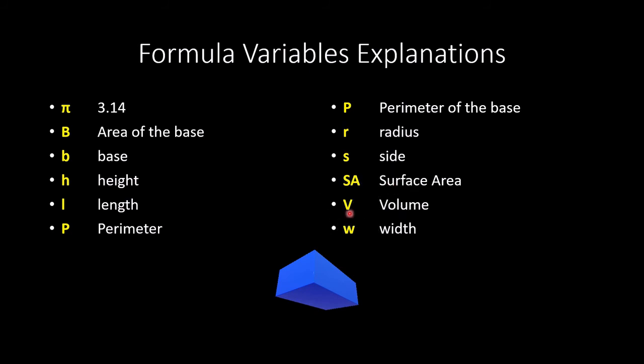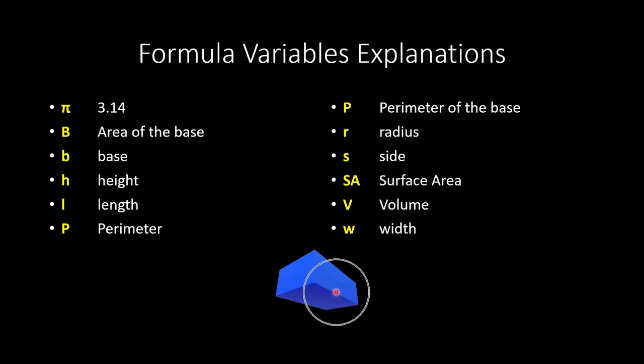Uppercase V stands for volume, and lowercase w stands for width. The width, my friends, unlike the length, is going to be the measurement of the shorter side of your prism. So for example, this is your length because this reminds me of the longer side.